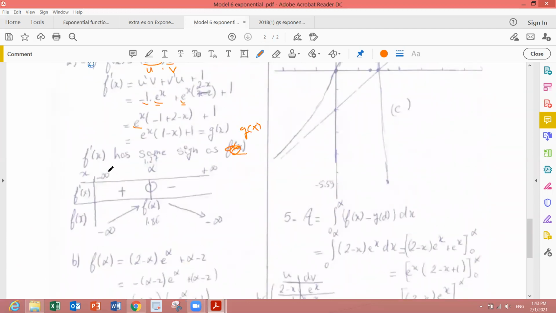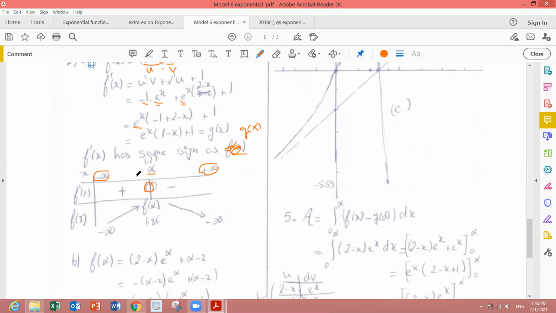So x from minus infinity to alpha, here we take the same alpha, then plus infinity. F prime has the same sign as g, and g is 0 at alpha.